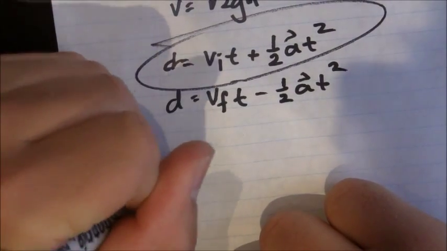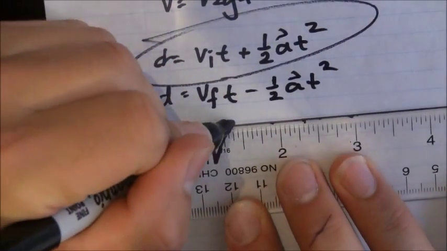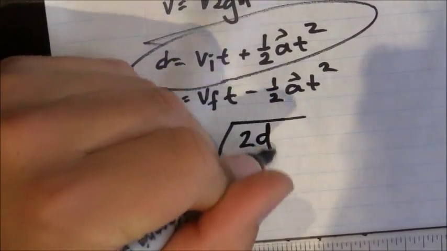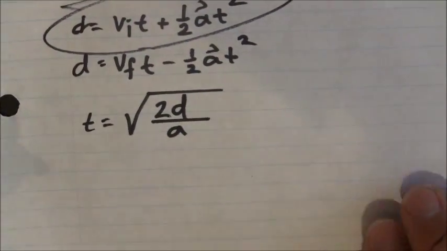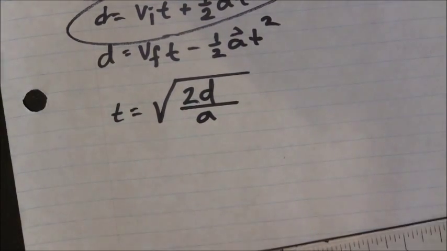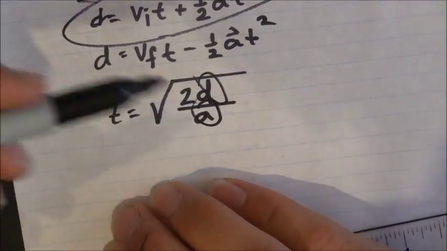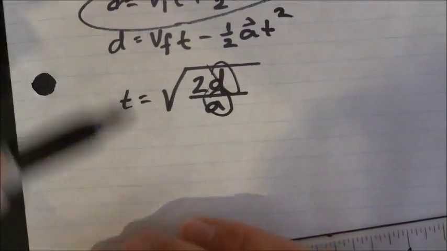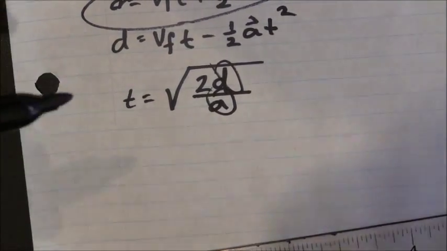If we do that, we get time is the square root of 2 times distance over acceleration. I'm too lazy to show how you get that, I'm sorry. T equals the square root of 2d over a, and we've got d and a already. Both d and a are given in the question, so we can find time right away.